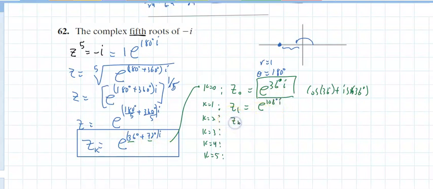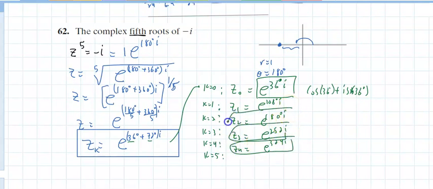And z sub 2 will be e to another 72, that's 180. z sub 3, another 72, that's 252 i. z sub 4, another 72, that is 324 degrees i, so those are 5 solutions. And what happens if I let k equal 5?